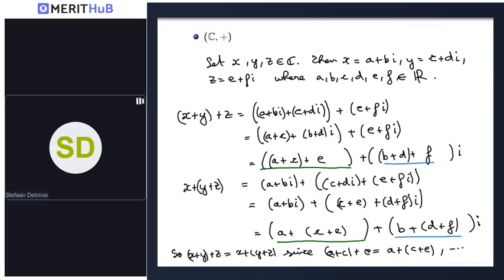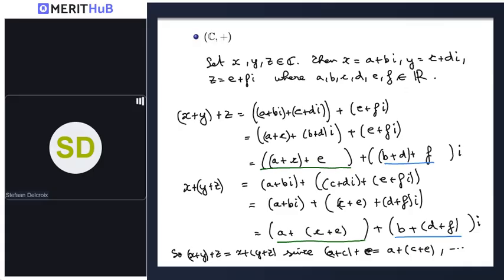Now, why is (a plus c) plus e the same as a plus quantity (c plus e)? What are we using there?